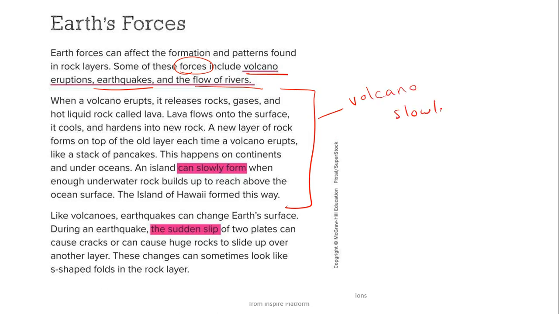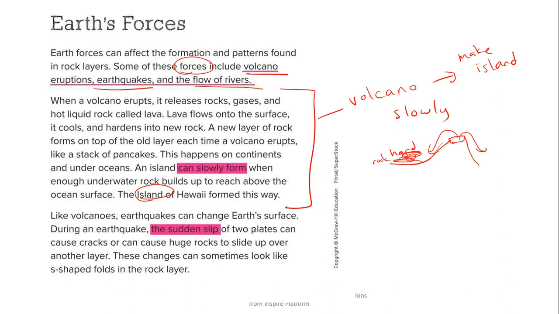And they do this because remember our volcano is an opening in the Earth, as our lava comes up, it becomes hard, it makes new rock. And over time, like a stack of pancakes, it will build up land and eventually make an island. So volcanoes will make an island. But it happens very slowly over time.